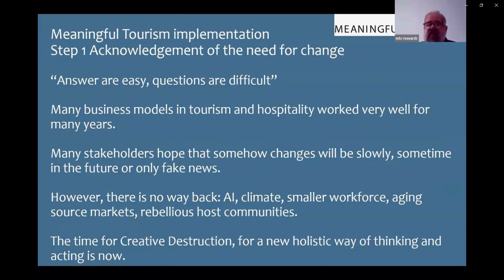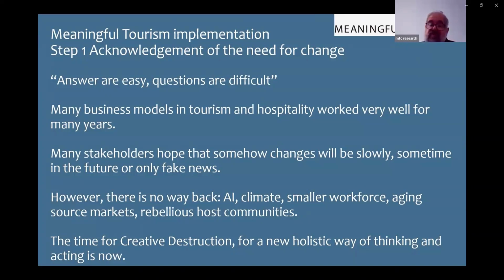Since about 1970, when the first jumbo jet took to the air, there were 50 years of progress, with increasing numbers, increasing turnover, increasing numbers of customers and travelers. If you were not very unlucky or a bit stupid, you wouldn't fail to make your money in tourism. So why change it?